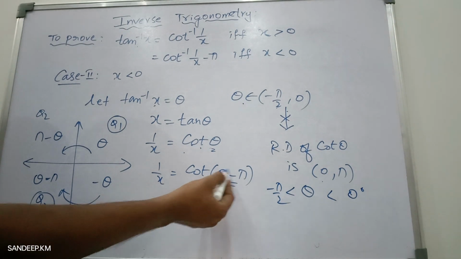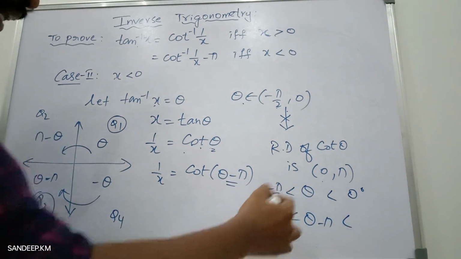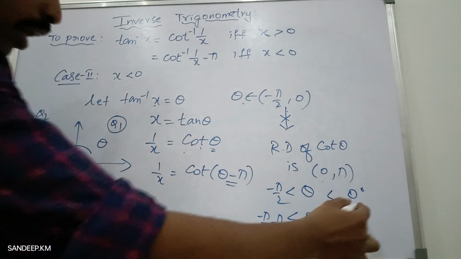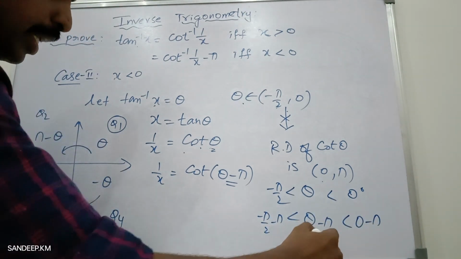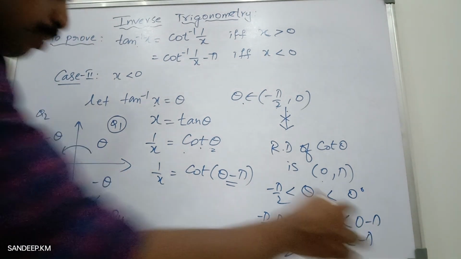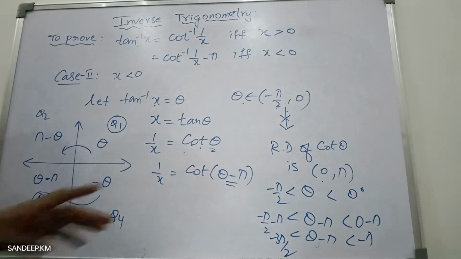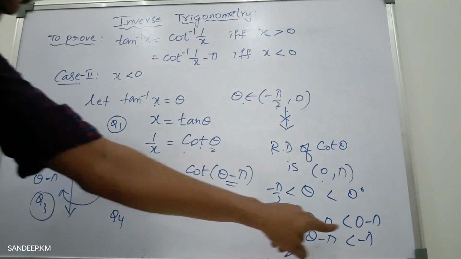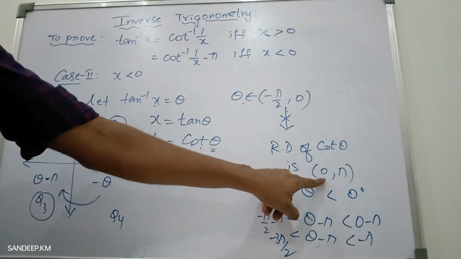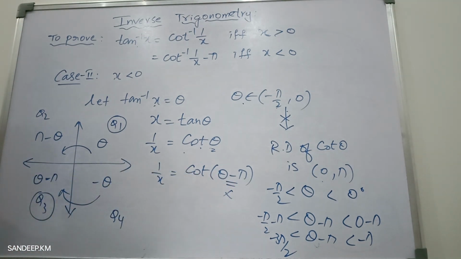For theta minus pi, I will subtract pi from both ends. So theta minus pi is between minus 3 pi by 2 and minus pi, that is, between minus 270 and minus 180. Again, this is not in the restricted domain of cot. So this is a failure. We cannot take theta minus pi.